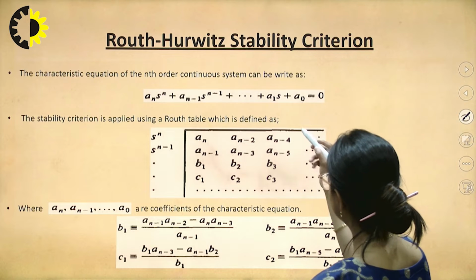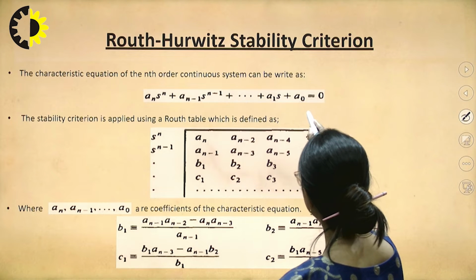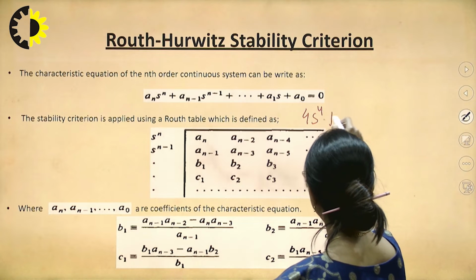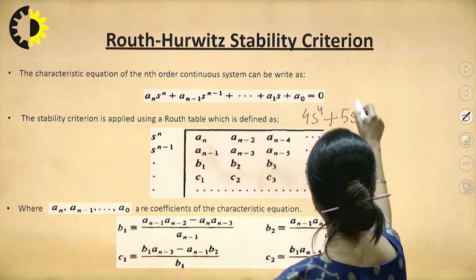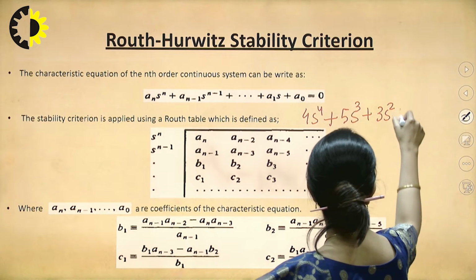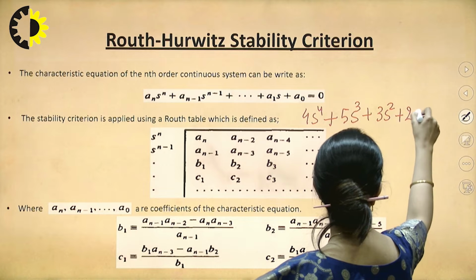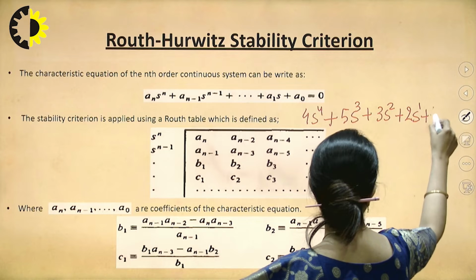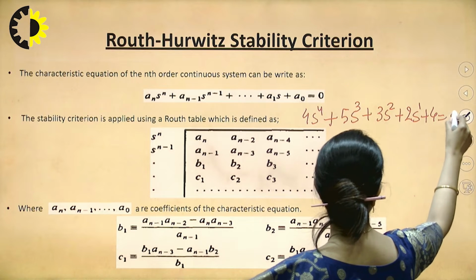We'll take an example. Let's say we are taking 4s to the power 4 plus 5s cubed plus 3s squared plus 2s to the power 1 plus 4 equals 0.